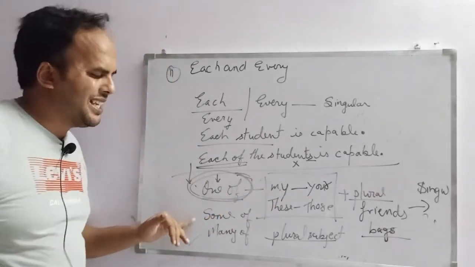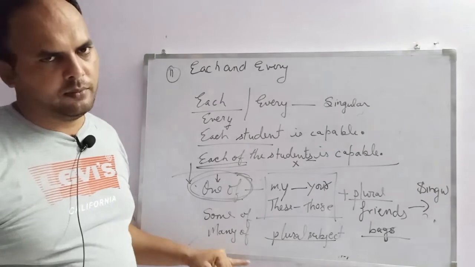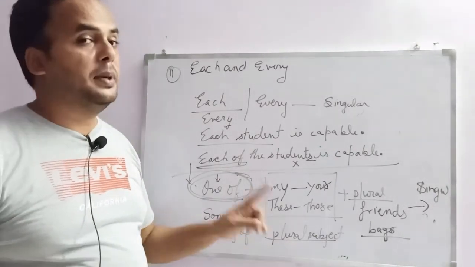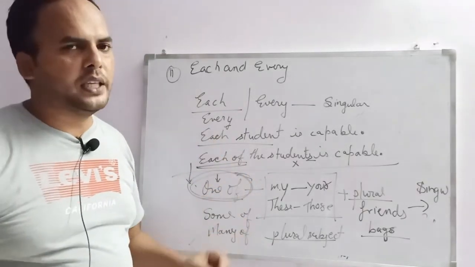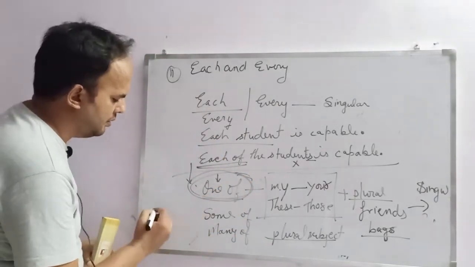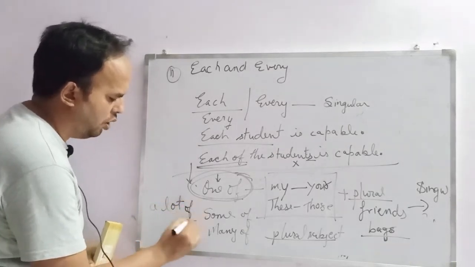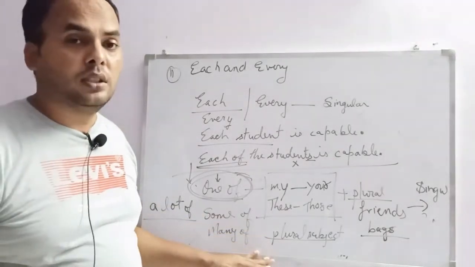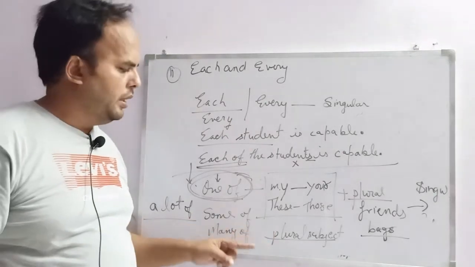Now, if you are using some of or many of, I have written over here plural subject. But remember there is a term. If you are using quantity, like a lot of, over here I have said the same rule, and I am sharing the same rule here.